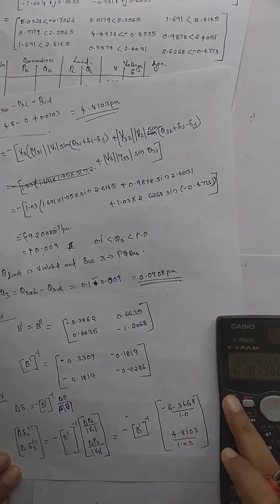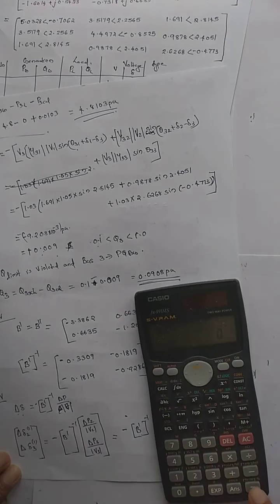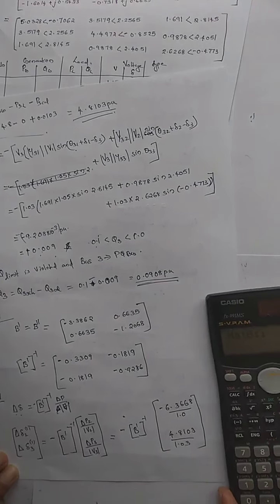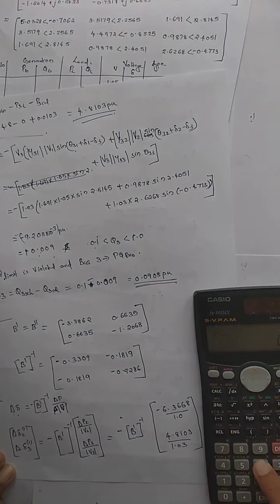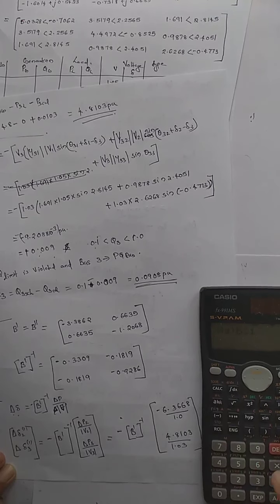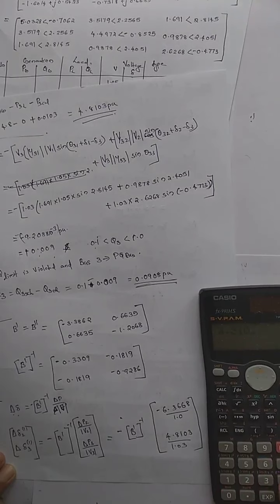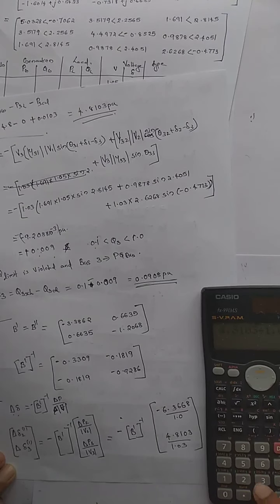So again I am finding out another matrix, using shift mat. I am dimensioning the second matrix, B matrix, to 2 rows and 1 column. B11 is minus 6.3668 and B21 is 4.8103 divided by 1.03.